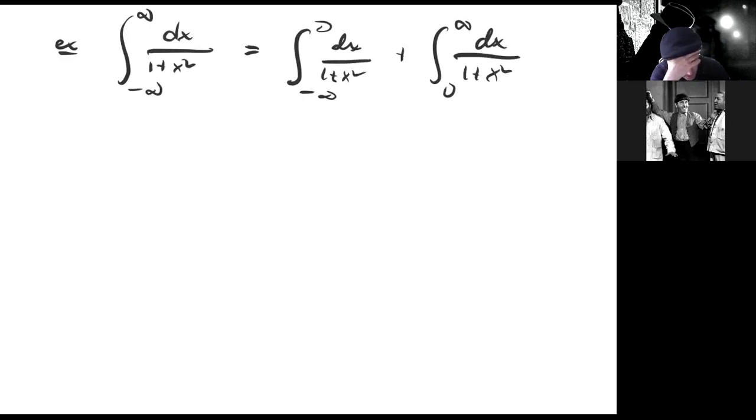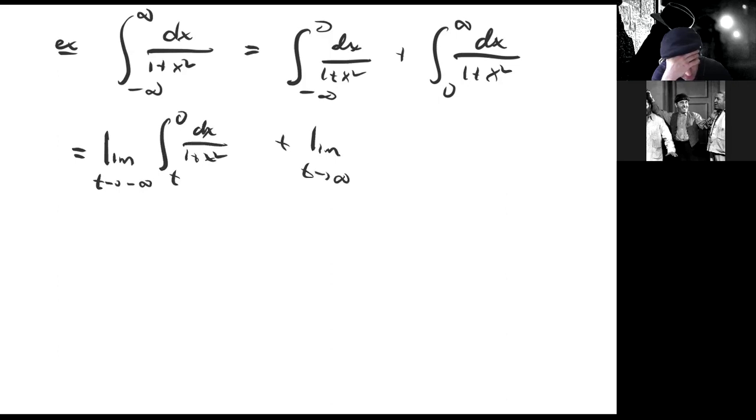Okay, now that's the same thing as the limit as t goes to minus infinity of the integral from t to 0 of dx over 1 plus x squared, plus the limit as t goes to plus infinity of the integral from 0 to t of dx over 1 plus x squared.